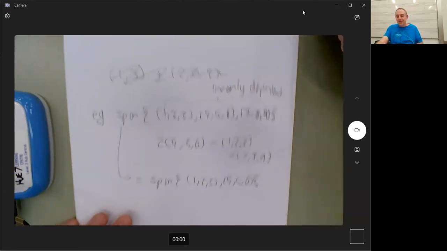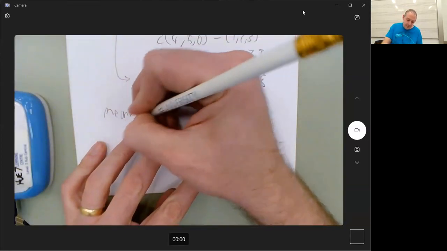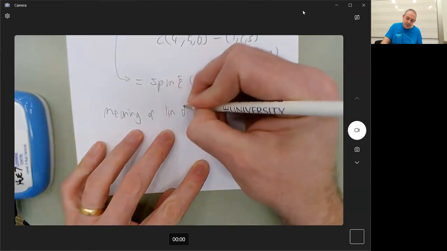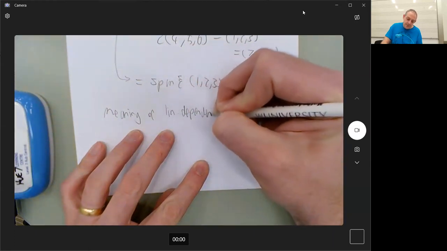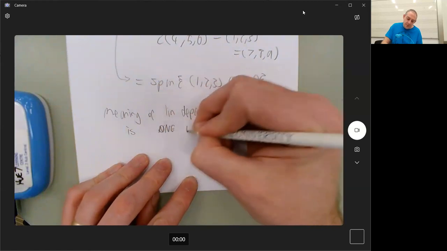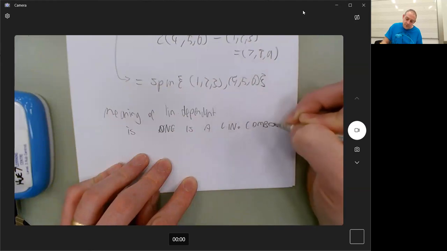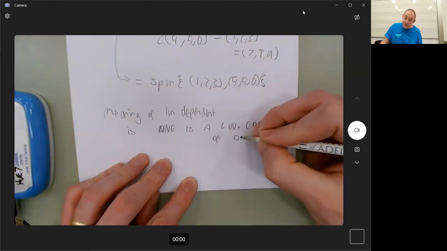And so the meaning of linearly dependent is one of them is a linear combination of some of the others.